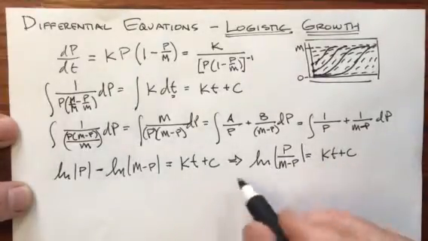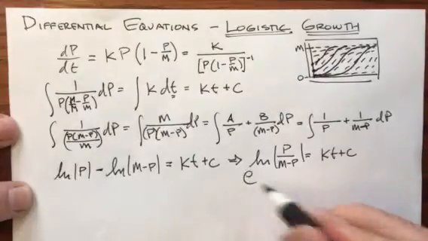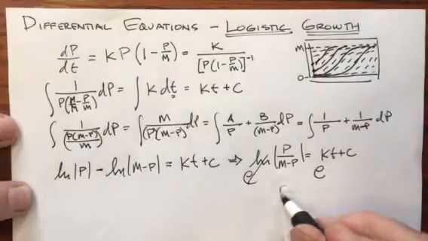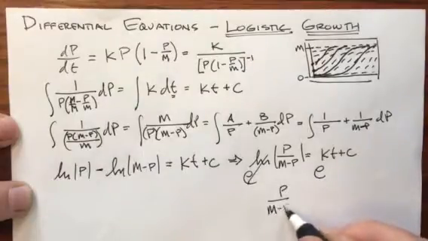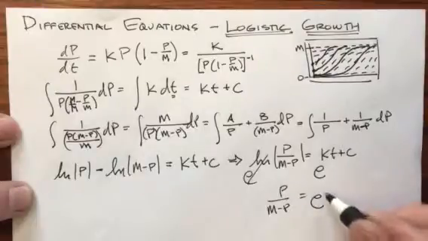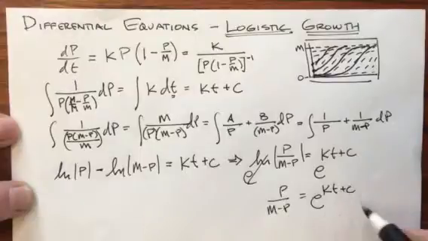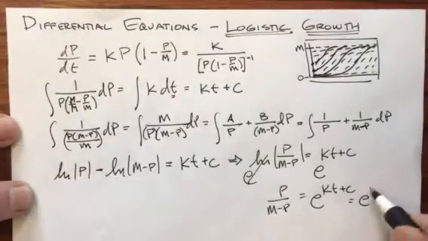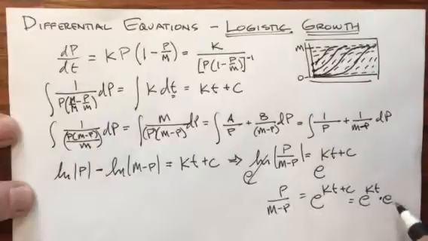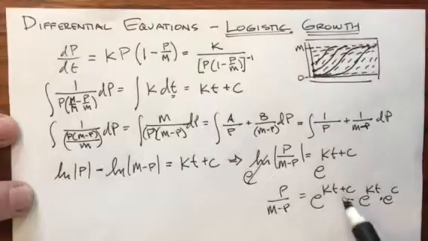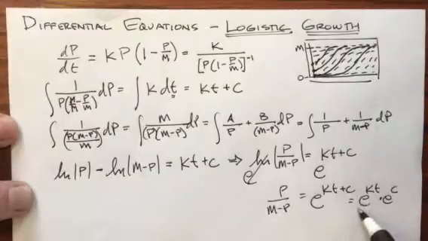Well, if I make each of these the exponent for e, we know that e to the ln cancel, and I wind up with p over m minus p is equal to e to the kt plus c. But if we're adding exponents, that's the same as e to the kt times e to the c. And notice I've dropped off the absolute value there. If you think about it, there's no way any exponential can give you a negative number, so it's right to drop that off.